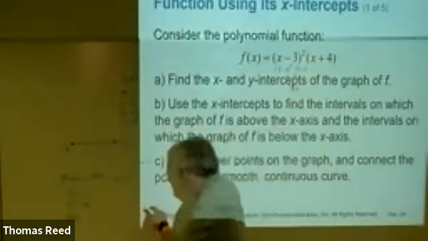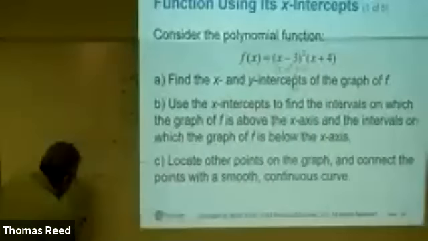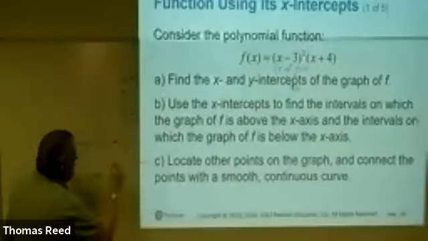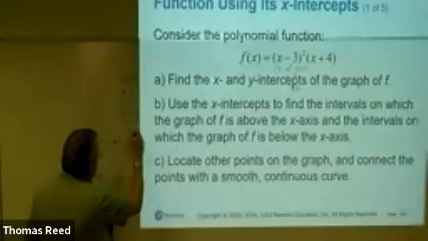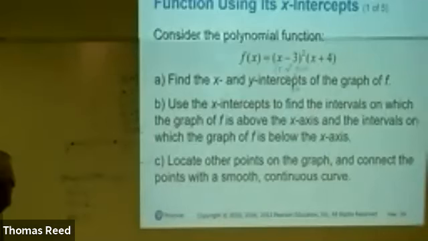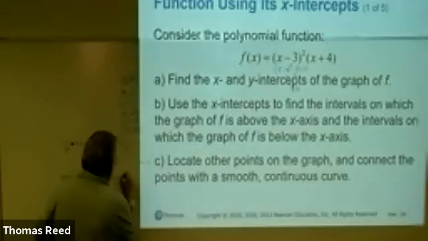So when I put 5 in, I get 36. So the point (5, 36) is on that graph. And 36 is positive, so that means it's above over here.